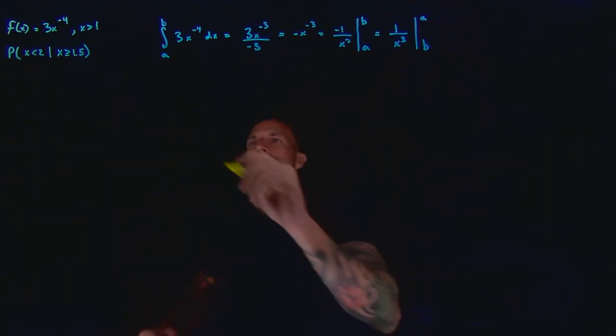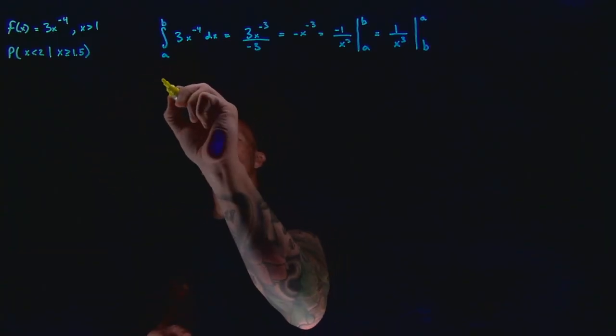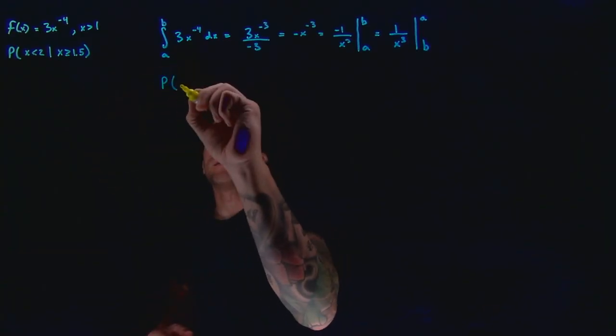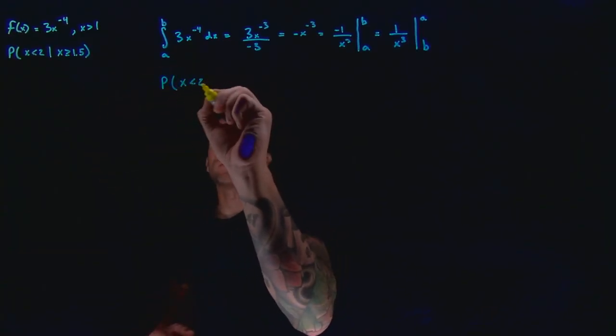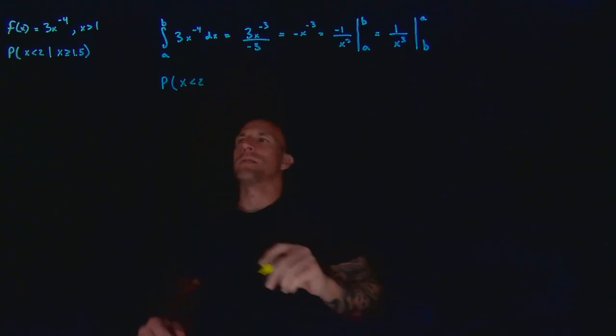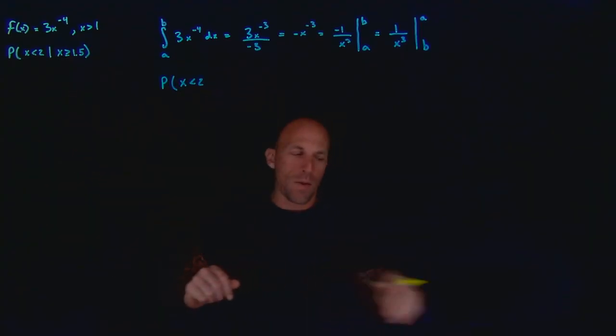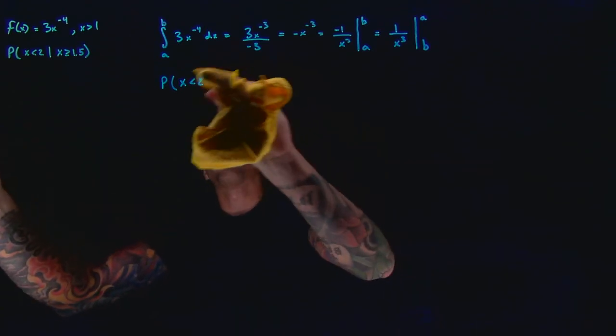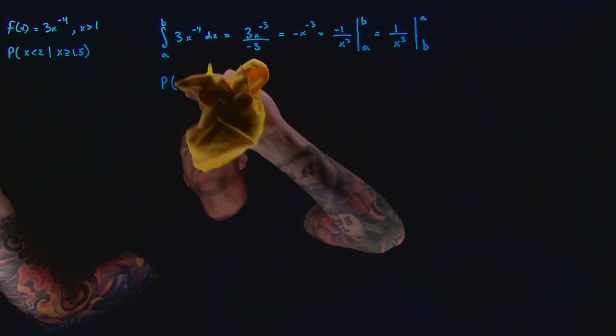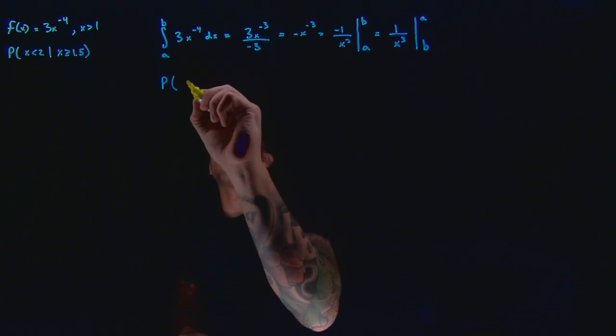and select a and b carefully in order to get our answer. So let's start with the probability that x is less than 2 given that x is greater than or equal to 1.5. So we have to account for that conditional probability in the numerator.